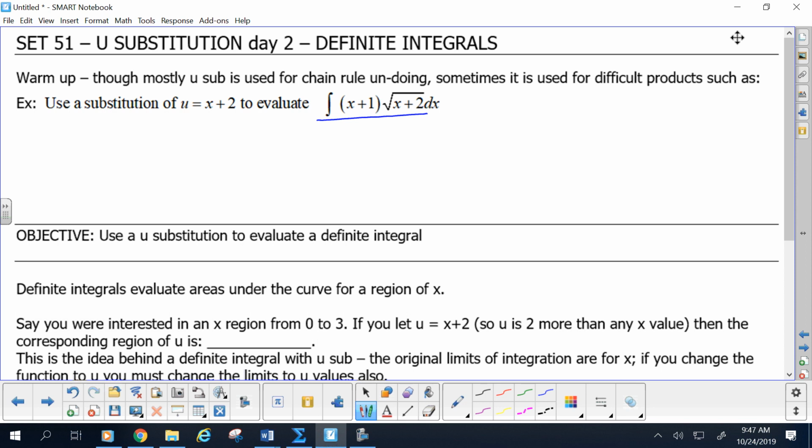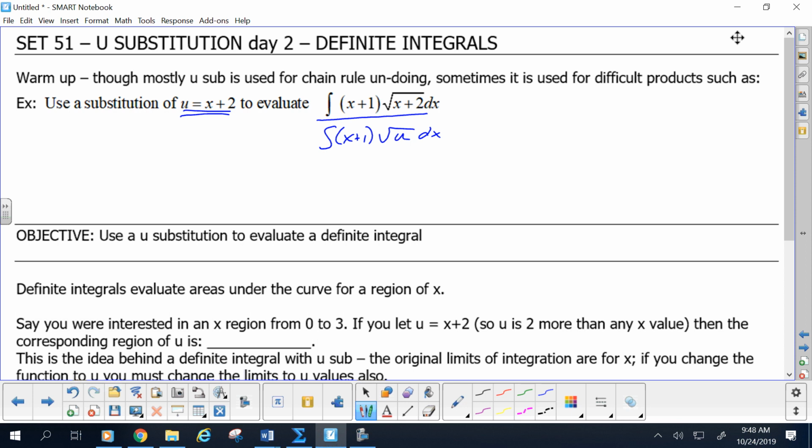Now you can, however, make this doable if you know how to use u sub well. So sometimes it's the case that they tell you what u to make. So they're saying let u equal x plus 2. Now if I do that, this then in the root becomes u, and that's great, but I can't leave everything else x-ish and just replace a little stuff with u.